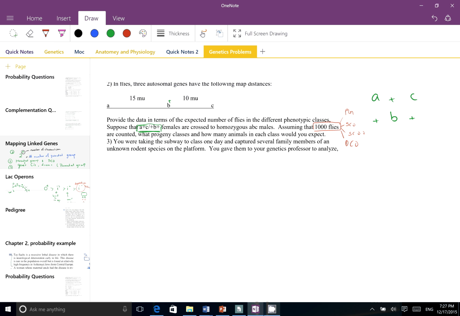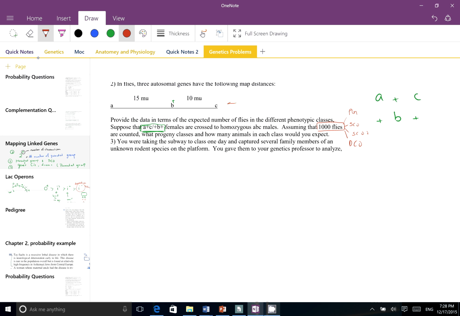They already gave you the map distances, so in this case what they really want you to do is work backwards. So what's your relative frequency equation? It's single crossover plus double crossover over total, times 100. In this case, you know your total is equal to 1,000.